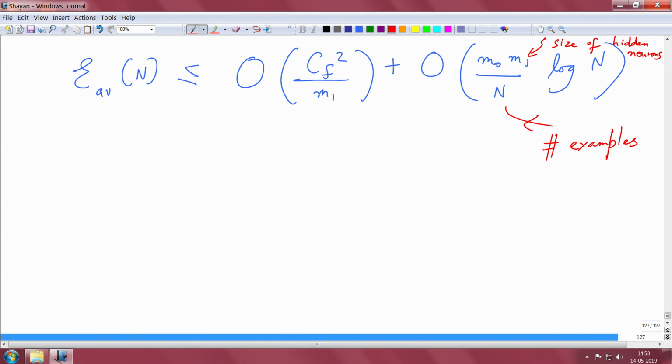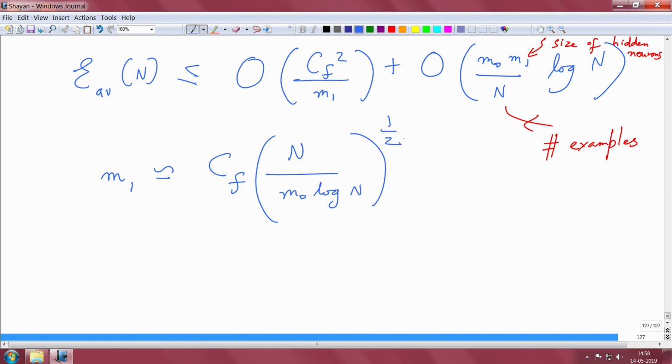This is a sort of a bound, and what stems from this bound is this quantity m1, which is approximately Cf times the square root of N upon m naught log N. So, what does this mean?